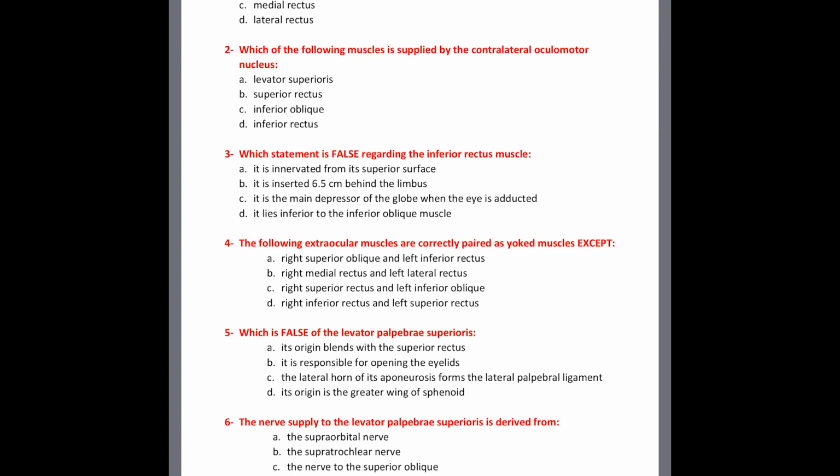Because again, this is nearer to the primary position. Why do I have elevation and abduction? I want you to know the explanation behind this, because this will be very helpful for you in order to understand strabismus well.